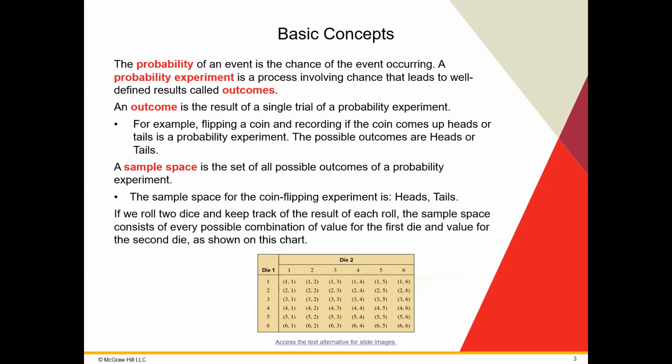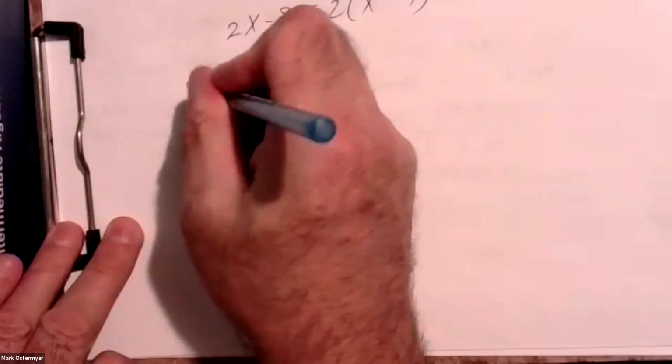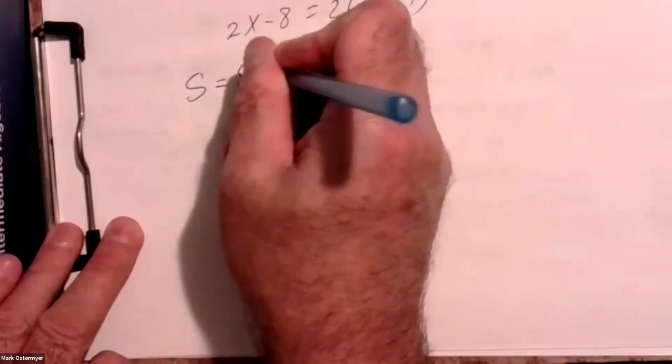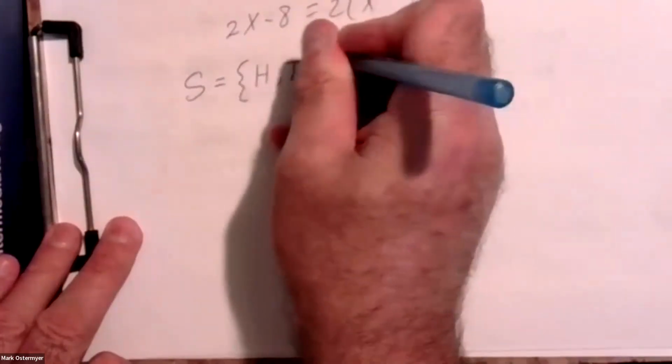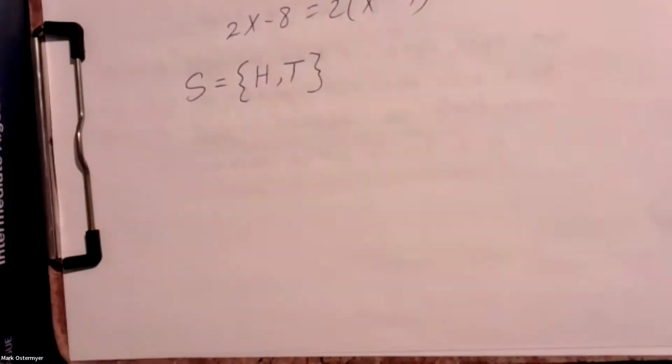For instance, when we flip a coin, our sample space would be a set consisting of all the outcomes, which would be head or tail. If I flip a coin, we would denote the sample space as S = {head, tail}. That would be the sample space of flipping a coin.